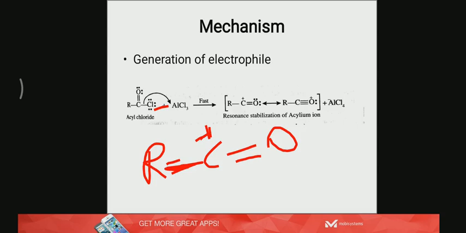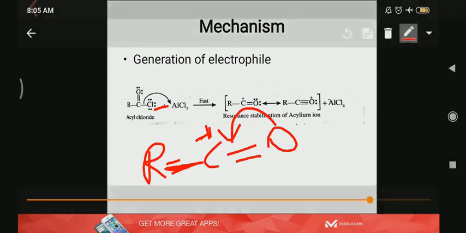The advantage of this acylium ion is that it is resonance stabilized, because the lone pair on oxygen can shift here and become a triple bond, and the positive charge appears on oxygen. So due to this resonance stabilization, the acylium ion is quite stable.